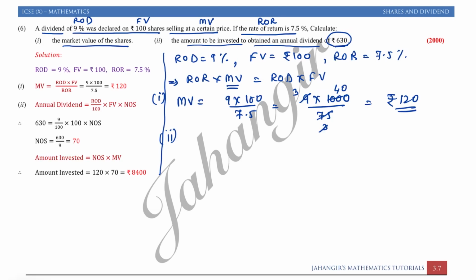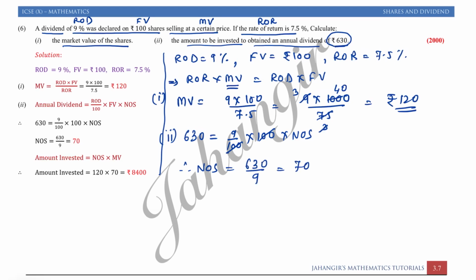First I will take the annual dividend formula. Annual dividend is equal to rate of dividend, that is 9% upon 100, into face value 100 into number of shares. So 100 cancels, so therefore number of shares is equal to 630 upon 9, that is equal to 70.